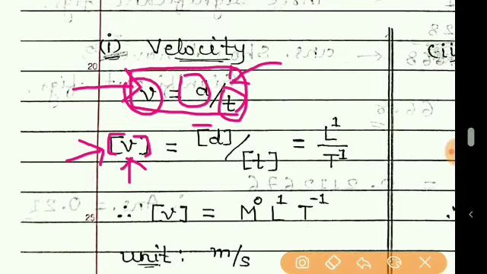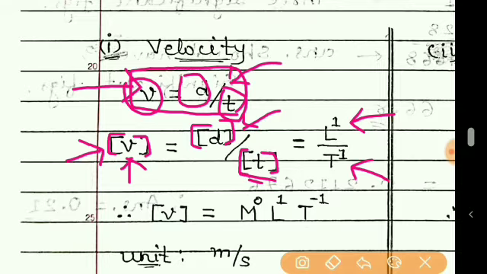So we need the dimension of distance upon dimension of time. Now for distance, what can be used? Definitely the symbol is L. If there is no power, it means the power is 1. The symbol for time is T, and if there is no power here, it means power is 1.